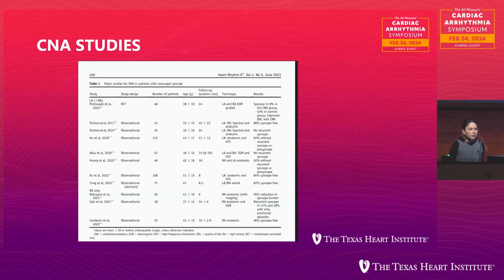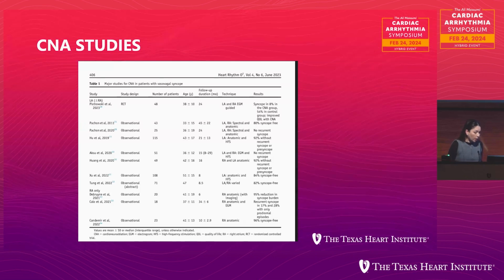There have been not many studies, but the ones that exist are all observational. There was one just published by Pietrowski last year that is the only randomized controlled trial, and it's a small patient population, just like 48 patients or so, but they had very good results.